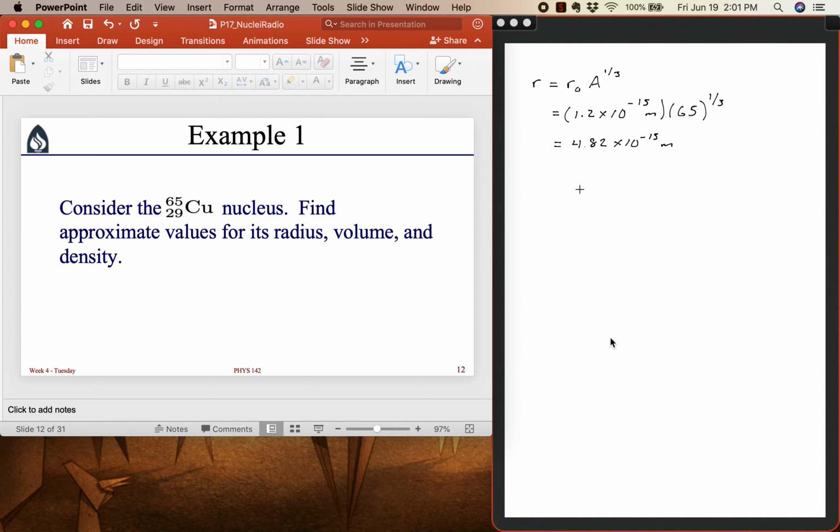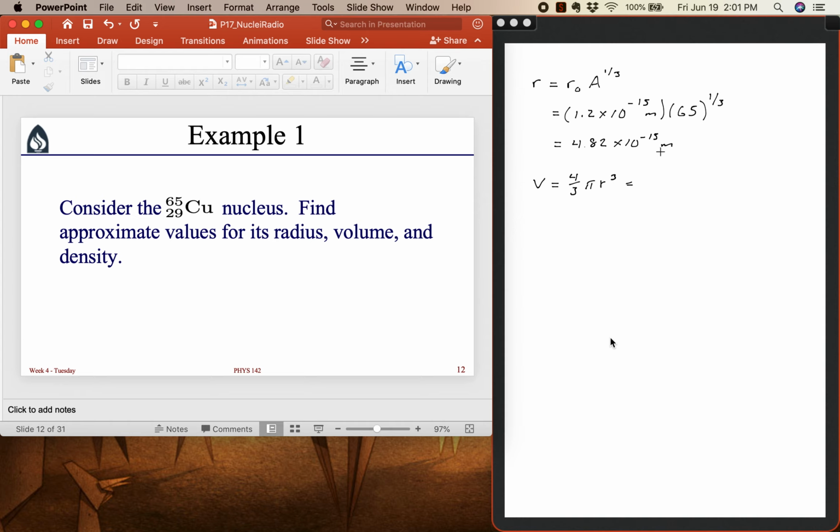So then we also need to find the volume. And the volume of this nucleus, well, if we imagine that this nucleus is roughly spherical, then we need to find the volume of the sphere with this radius. So the volume of a sphere is given by 4/3 pi r cubed.